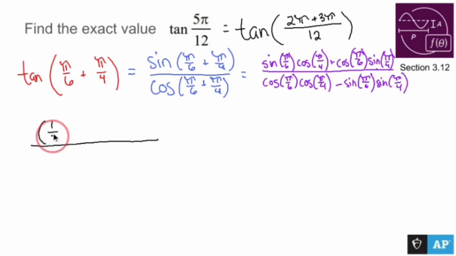Sine of pi over 6 is a half. Cosine of pi over 4 is root 2 over 2. Plus cosine of pi over 6 is root 3 over 2. And sine of pi over 4 is root 2 over 2.